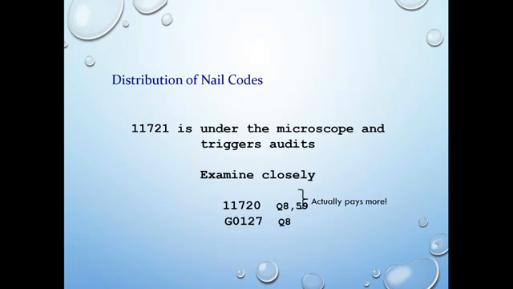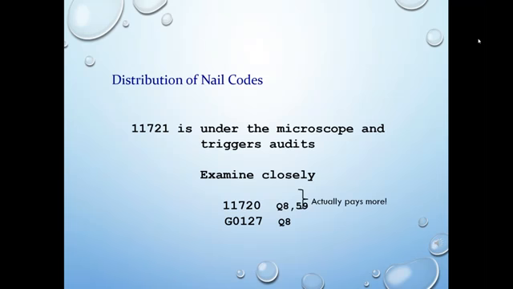One of the things that we have been seeing more and more, and all of you get a report from me once a month, known as your virtual practice optimization analysis, and one of the things that we're always looking at is 11721. And we know that code is really under scrutiny and under audit.